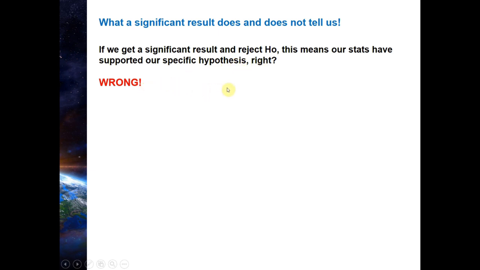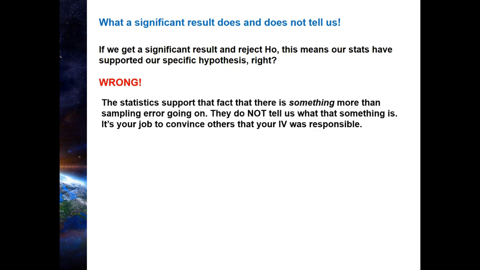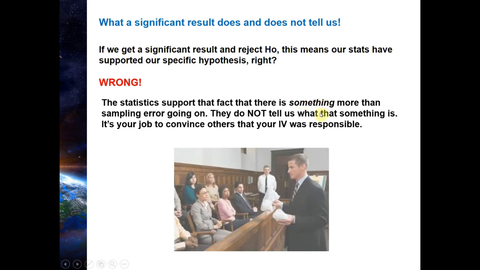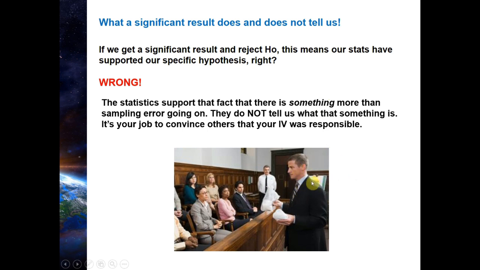All right. It's because our statistical test does not understand words. It doesn't know what our specific hypothesis was. All that our stats are telling us is that we have something more than sampling error. Statistics do not tell us what that something is. That is our job. So you're the researcher.